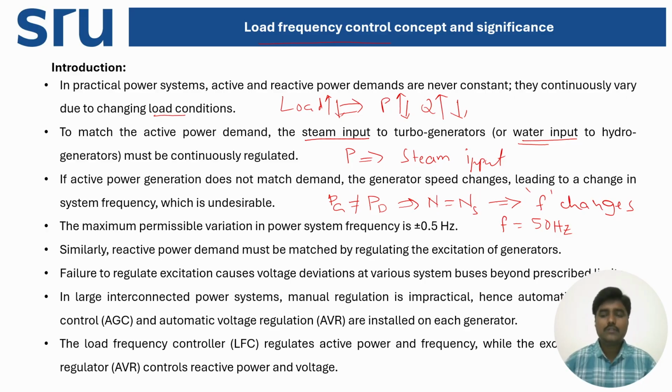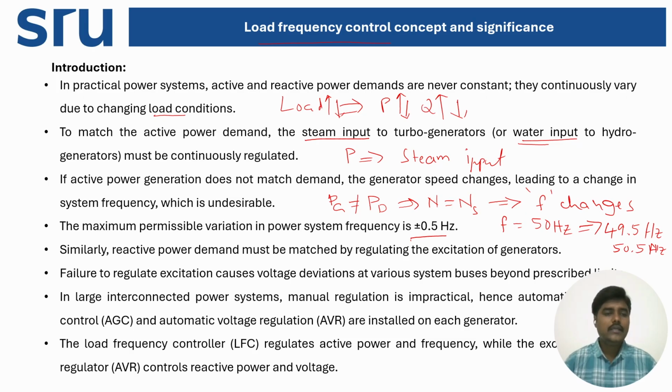The acceptable change in the frequency range is plus or minus 0.5 Hz. That means we can allow a frequency variation from 49.5 Hz up to 50.5 Hz. Beyond this limit, the frequency change is not acceptable.